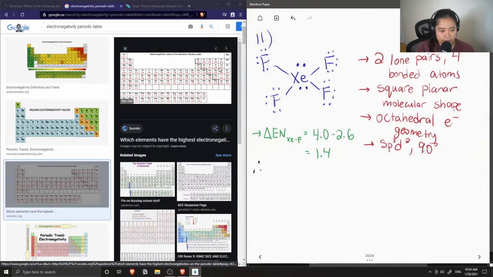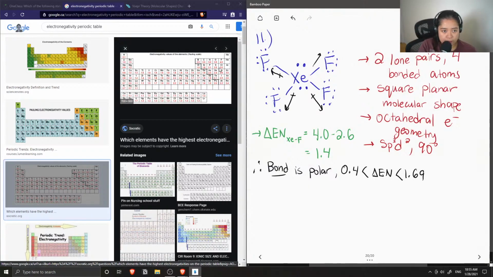So therefore, we can say that the bond is polar, and this is because our electronegativity difference is greater than 0.4, but it's less than 1.69. So let's draw out dipole moments towards the fluorine to show that they're more electronegative.